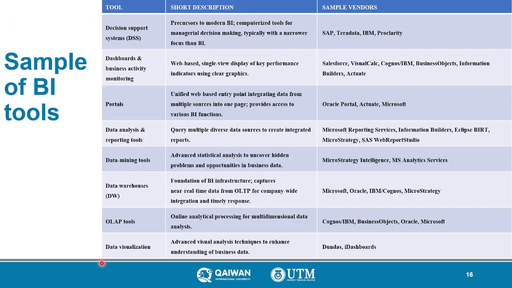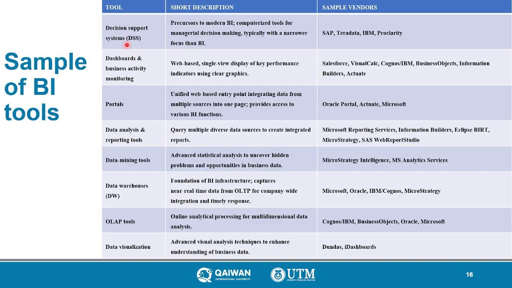Now we have a sample of the BI tools. We have a DSS, a dashboard and business activity monitoring, a portal, a data analysis and reporting tool, a data mining tool, a data warehouse, an OLAP tool, and data visualization. These are the tools, with a short description and a sample vendor for each one.